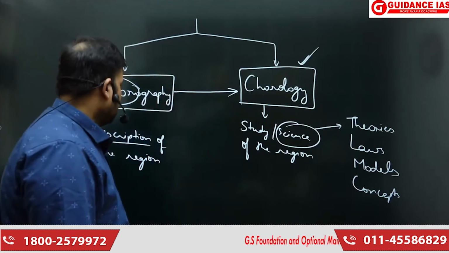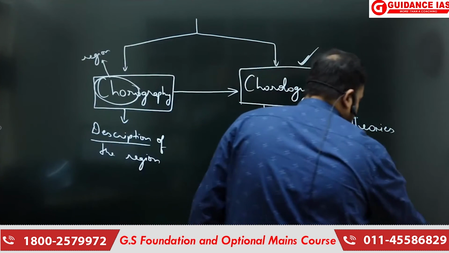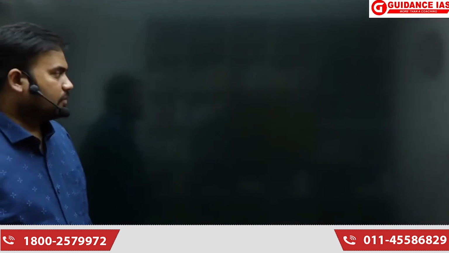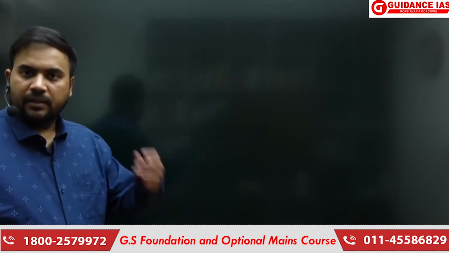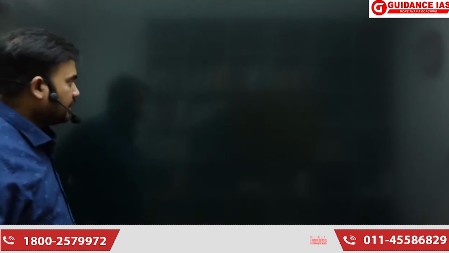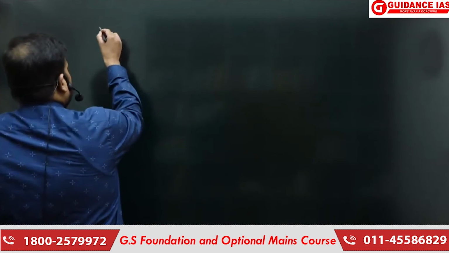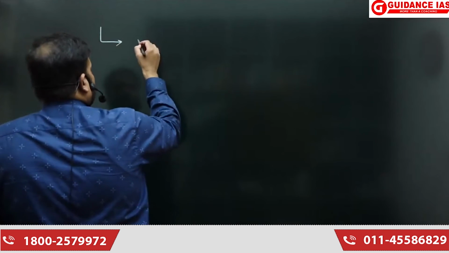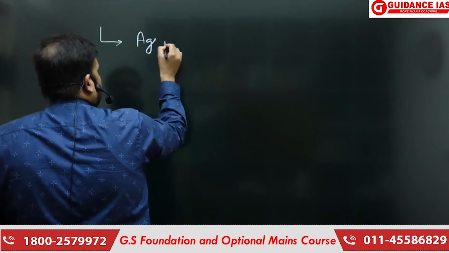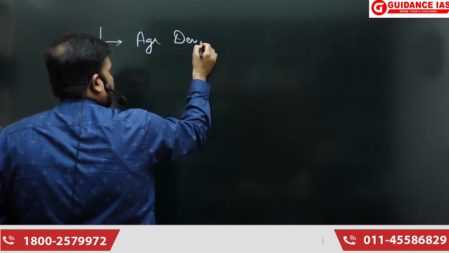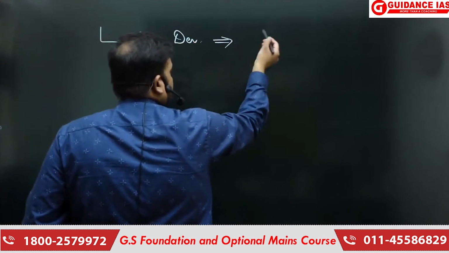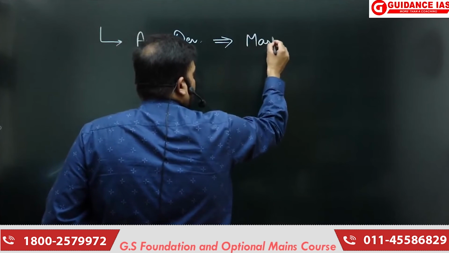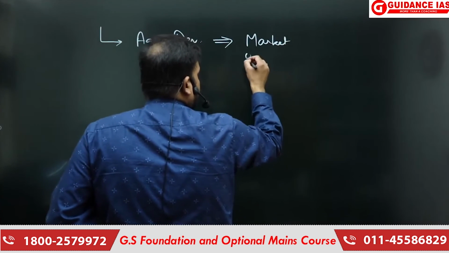For example, let's take a small example. Someone wrote here von Thunen. So let's take an example of von Thunen. Suppose normally if we write, we will say that for agriculture development, very important is that there should be development of market opportunities.